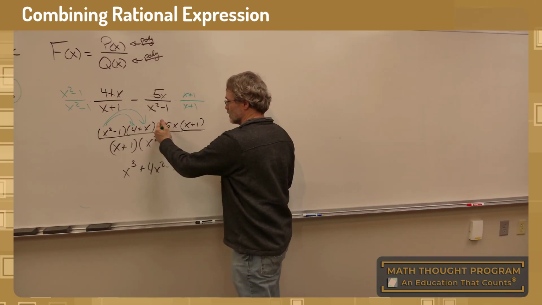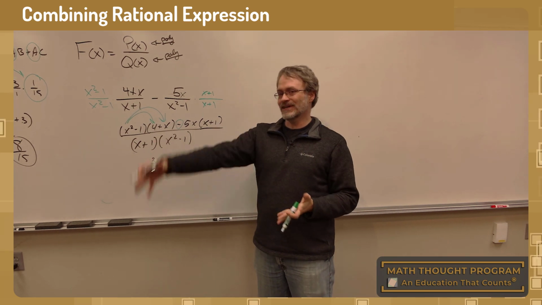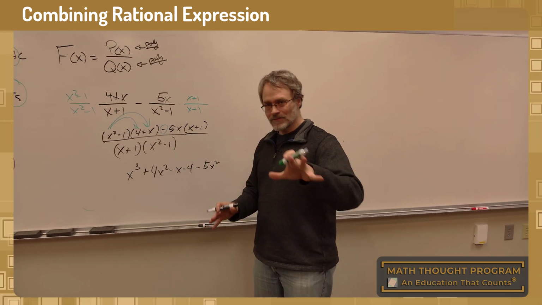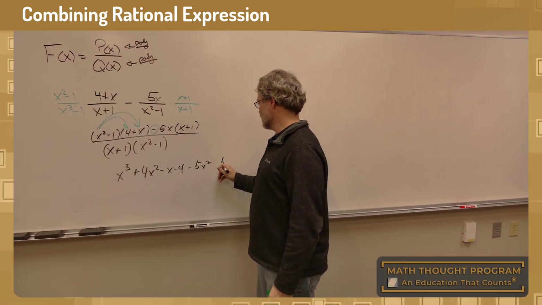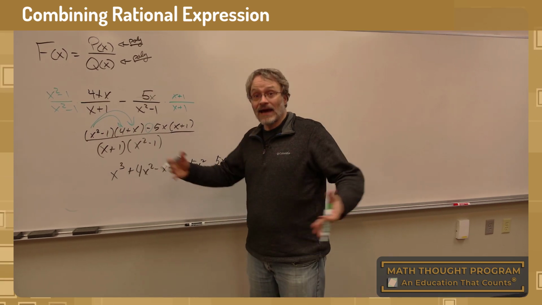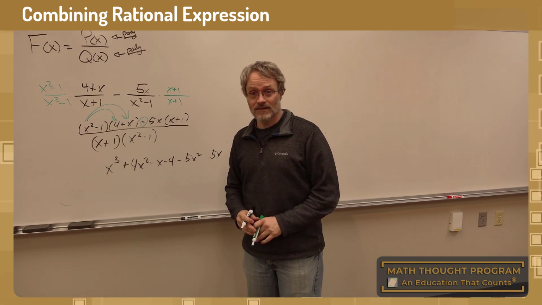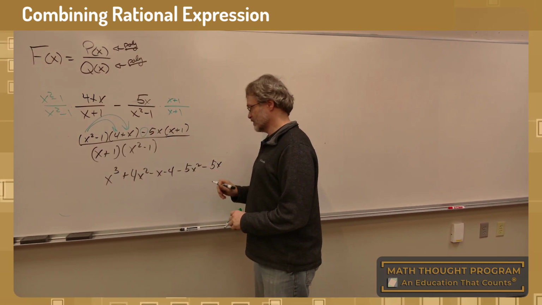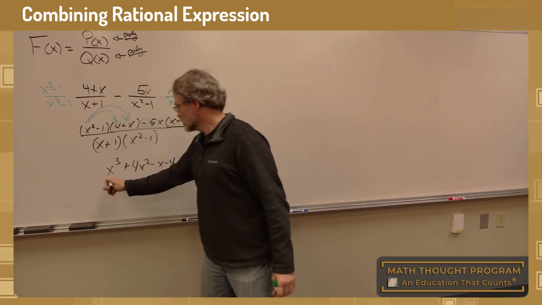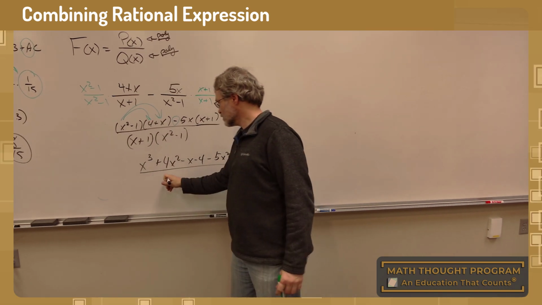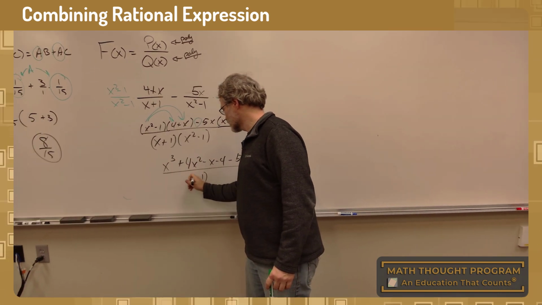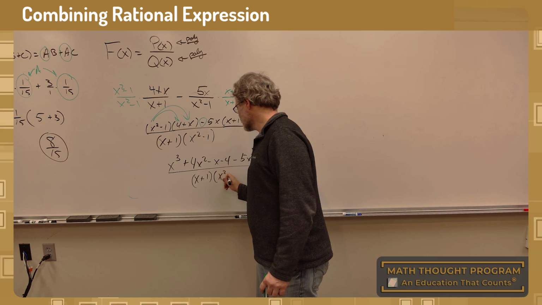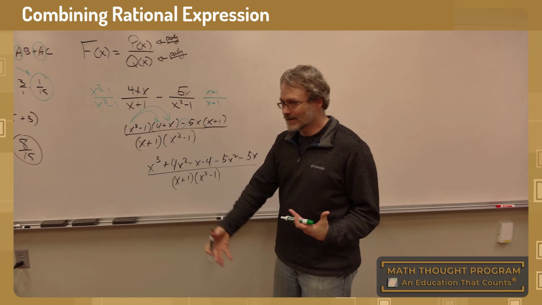The negative also gets distributed in. So it'd be incorrect for me to say add 5x. It's really a negative 5x. So I make sure it's a negative. And then once again, it's all over x plus 1, x squared minus 1. But I got to clean this up.